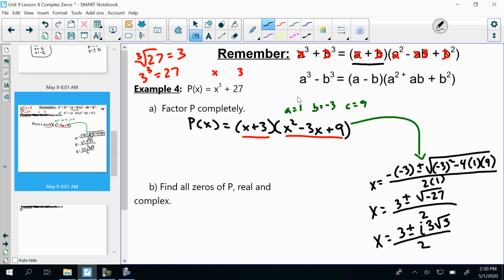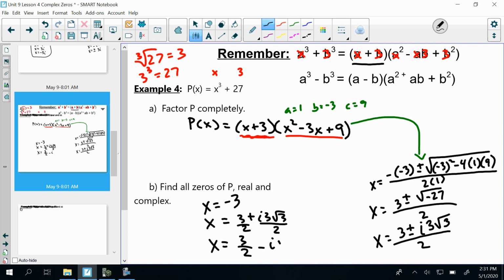So our zeros from this one, we got a real one of negative 3, because if we put that equal to 0 and solve it, we get negative 3. Our other two are these two complex ones over here. So we're going to get 3 plus i 3 square roots of 3, both of them over 2 here. And then our other one we're going to get is same thing, but subtracting.